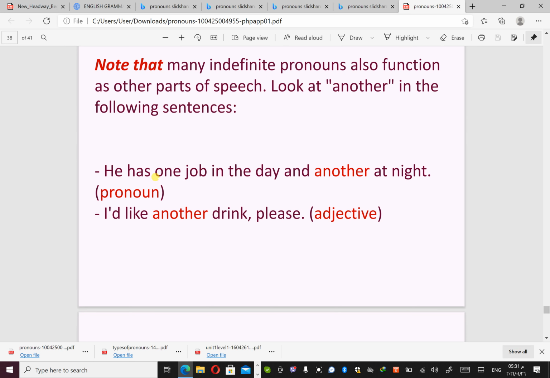For example, he has one job in the day and another. Here another refers to the second job, but we don't know what the job is, so that is why you say indefinite. At night, I would like another drink, please. Another drink, but we didn't specify which drink, so this is indefinite.